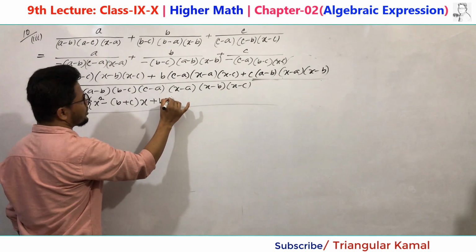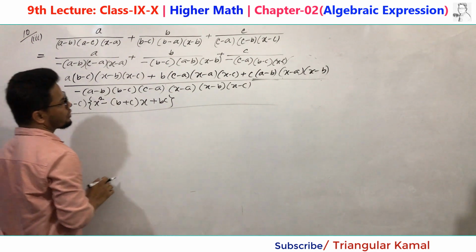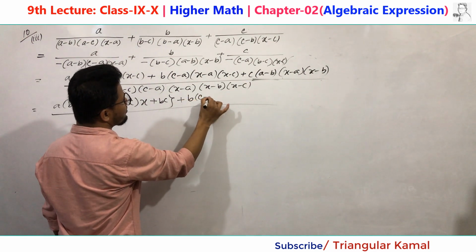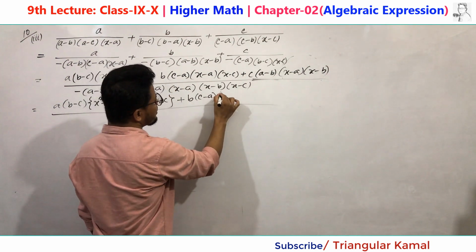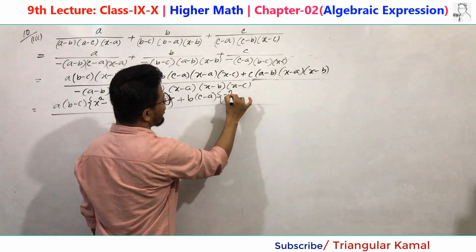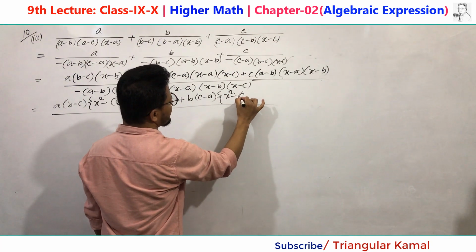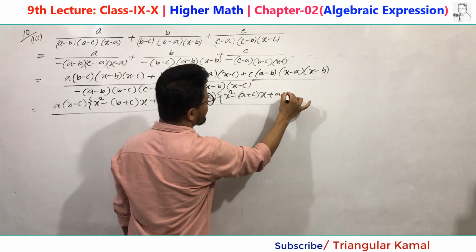Just doing the simple multiplication and taking common, you will get this one. Now similarly, this one will be B times C minus A. Multiplying the two parts, there will be X square minus A plus C multiplied by X plus AC.